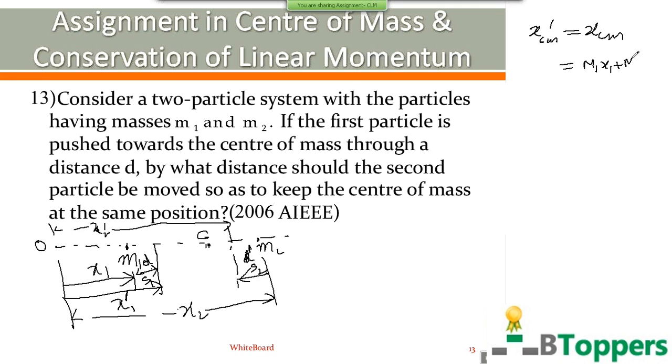XCM in the first case you can write as m1 x1 plus m2 x2 by m1 plus m2. XCM dash you can write as m1 x1 dash plus m2 x2 dash by m1 plus m2.